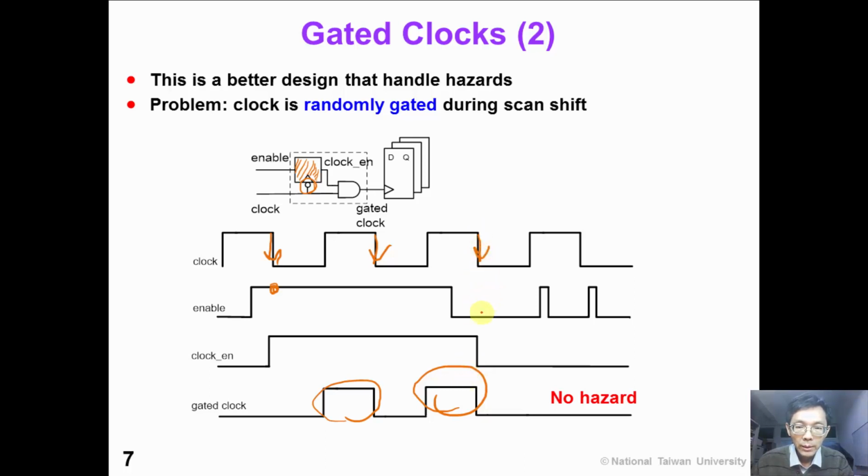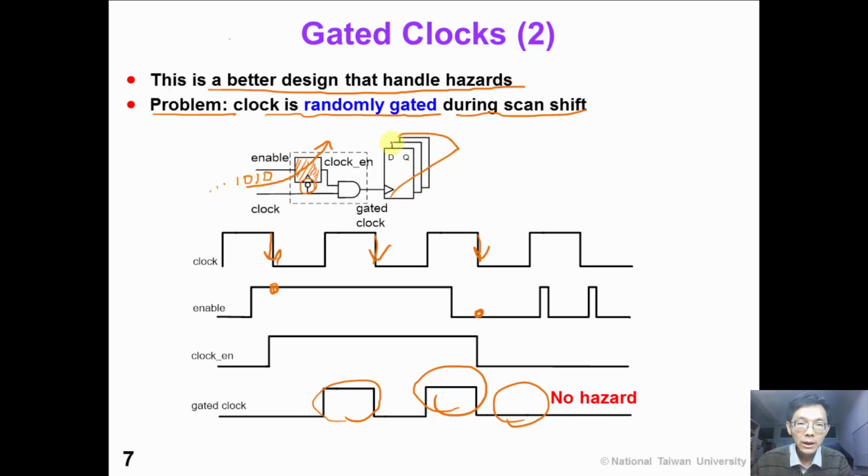When enable is 0, then the following clock will be turned off. So this is a better design than the previous one because it can handle hazard. It seems to be a good clock gating circuit. However, the problem is that when we scan this flip-flop, the clock can be randomly gated during scan shift.